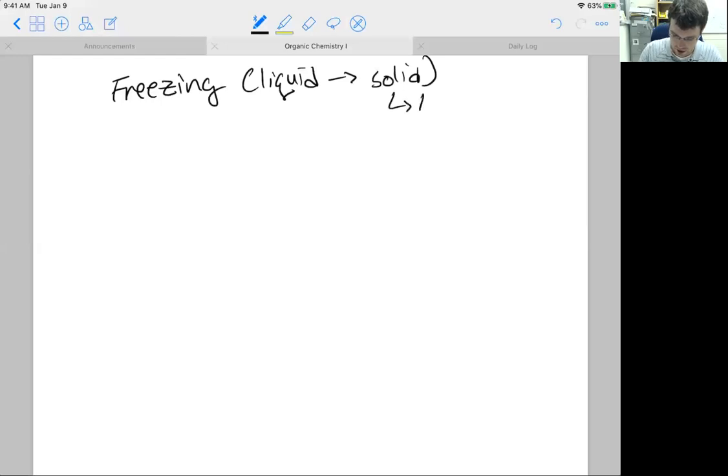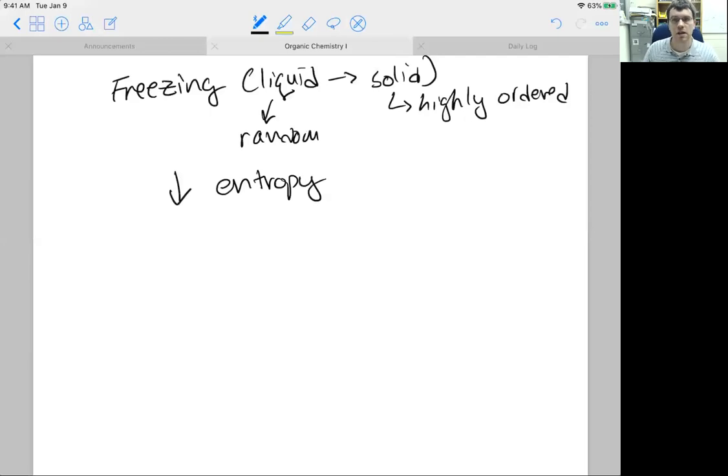So solids are highly ordered. Liquids can roll, tumble, they're a bit more random. They don't need to be perfectly random, just more random. So as you're traversing from random to more highly ordered, you are now decreasing in entropy. So phase transitions can give us some idea.